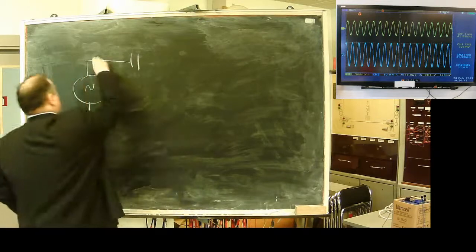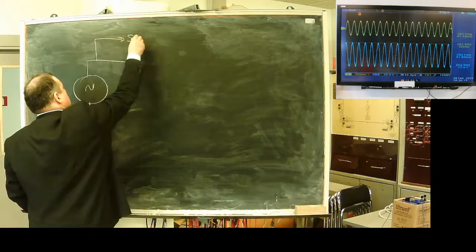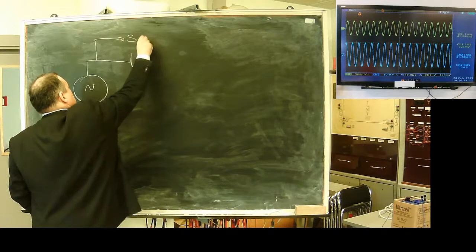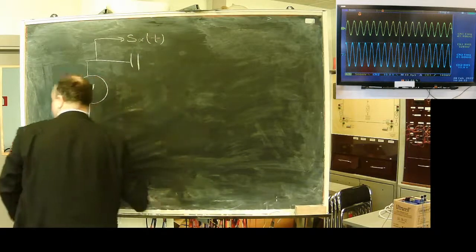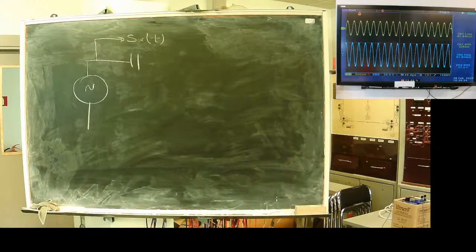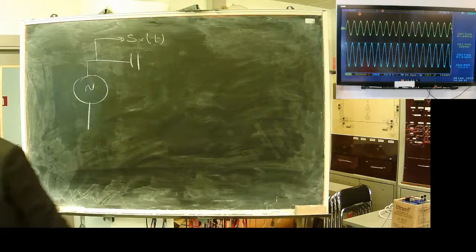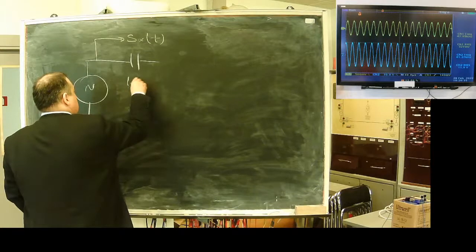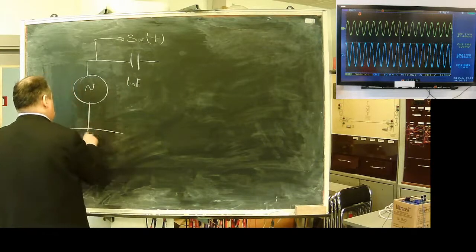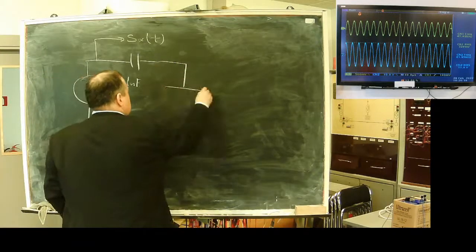Its signal goes as, let's say, x. We see it here as a yellow line. I hope we see. One nanofarad capacitance, it's not important.